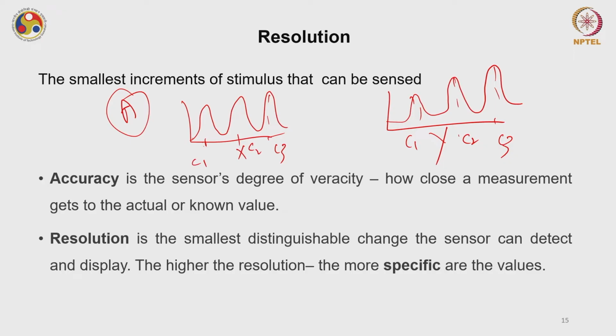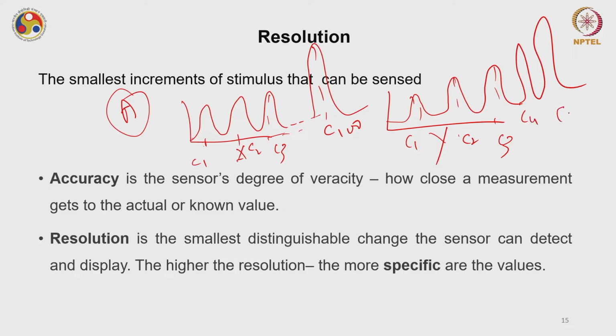Now say sensor X can measure concentration till C100, so this response continues and I have a value for C100. However, this sensor Y cannot go to C100 and can only measure, say, till C5. So I have C4 and C5.